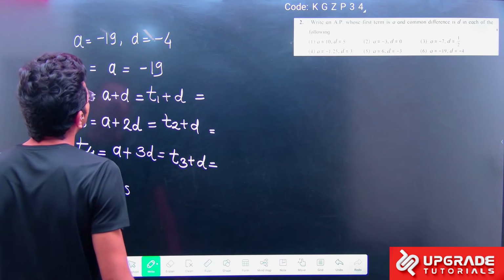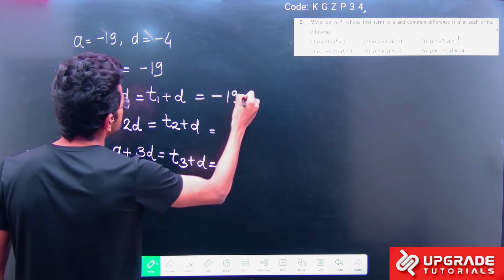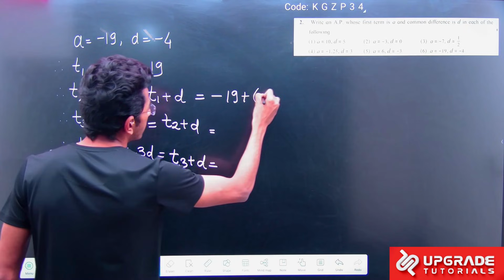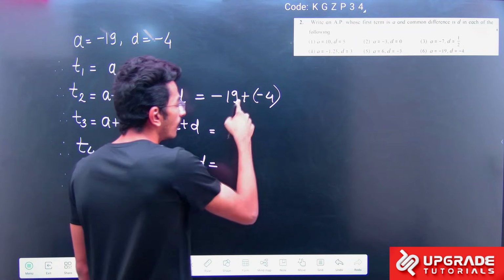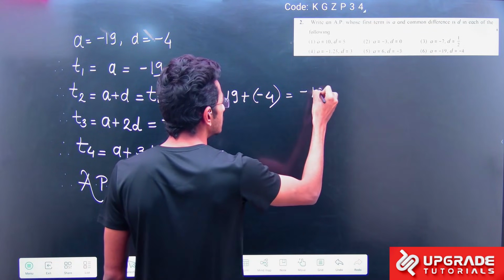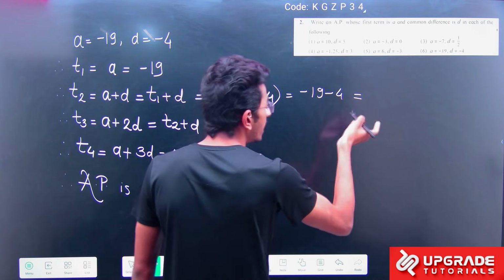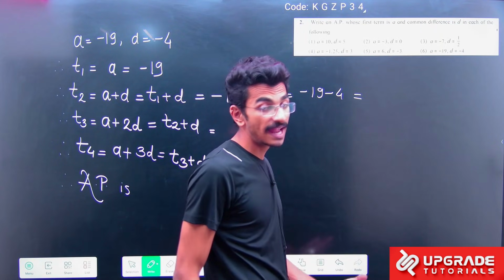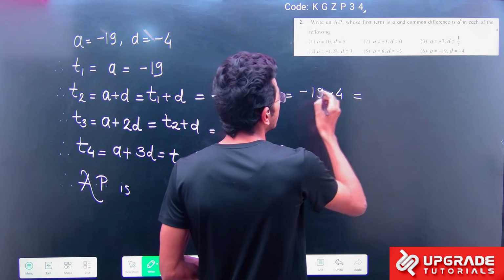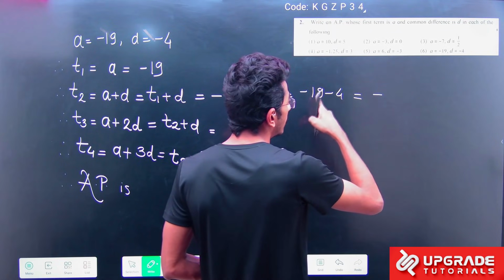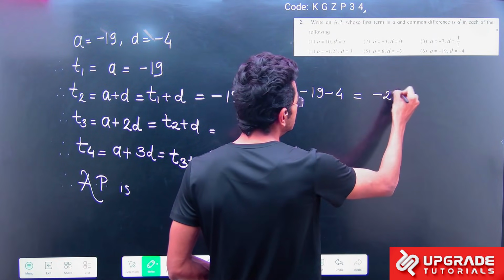What is T2? A plus D, plus of minus 4. Plus minus is minus. Minus 19 minus 4. Minus minus becomes plus and the sign of the greater number. The sign of the greater number is minus. 19 plus 4 is 23.